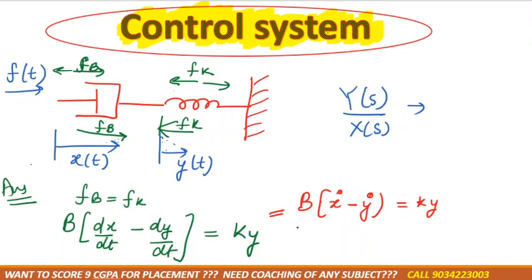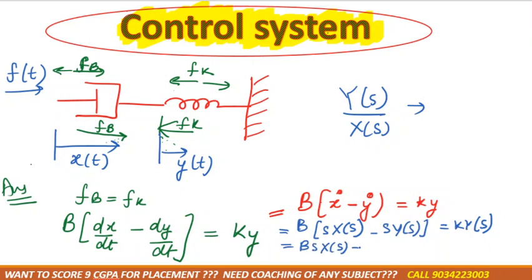Next we take the Laplace transform of this, so it would be B into (s X(s) minus s Y(s)) is equal to K into Y(s). So it would be Bs X(s) minus Bs Y(s) is equal to K Y(s), right?